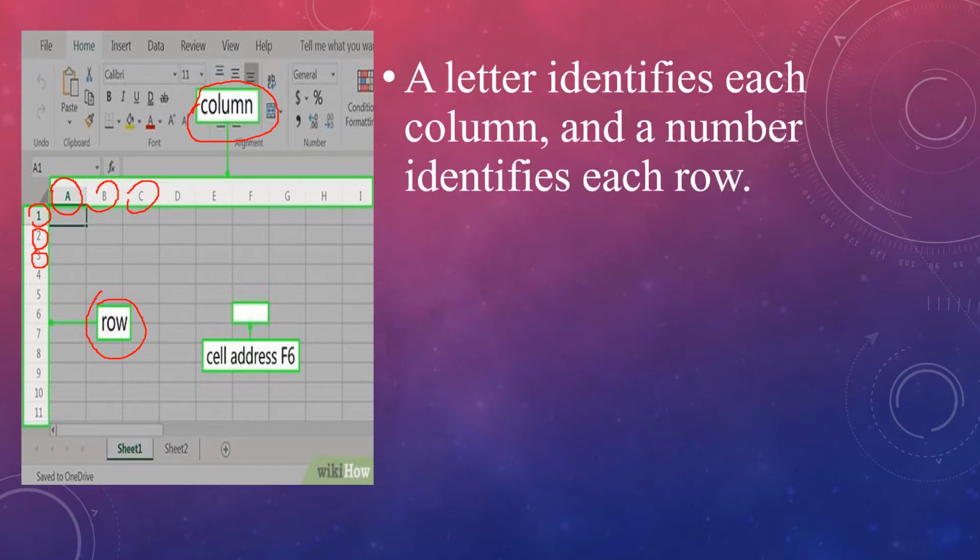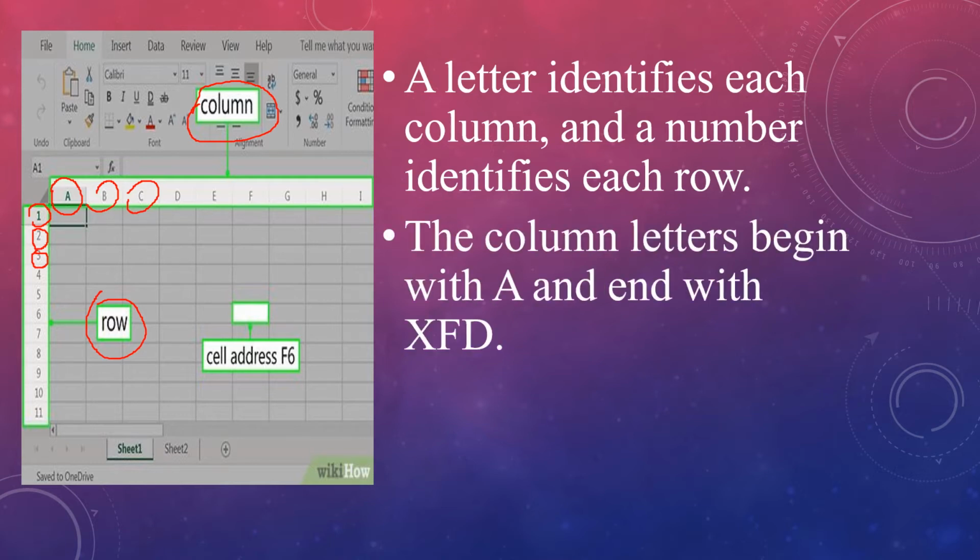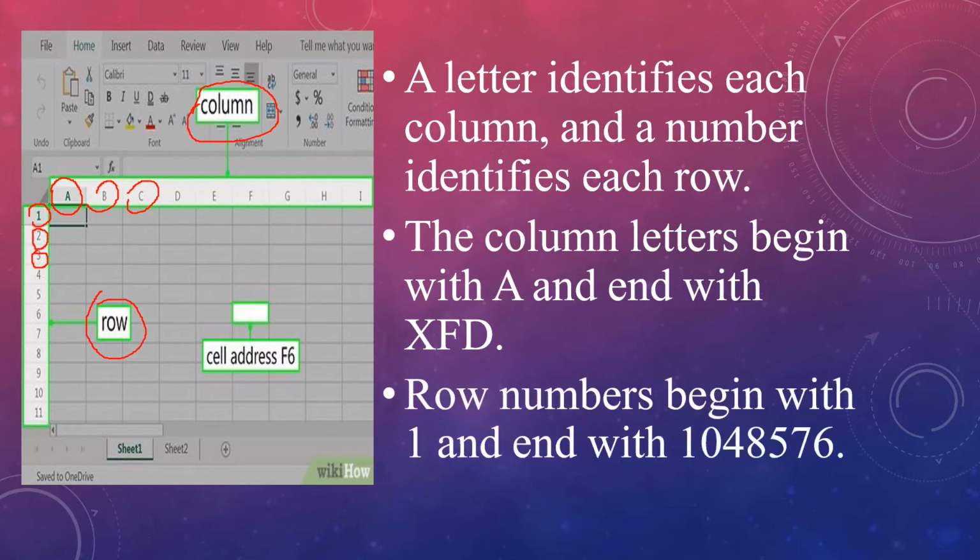So, children, a letter identifies each column and the number identifies each row. The column letters begin with A and end with XFD. The row numbers begin with 1 and end with 10,48,576.